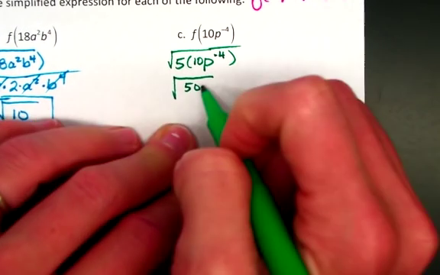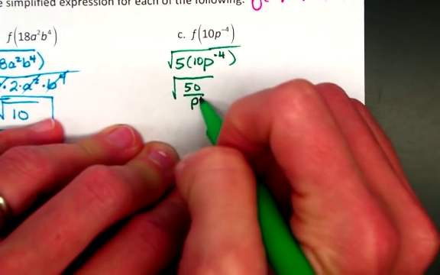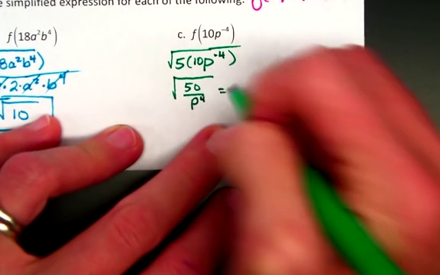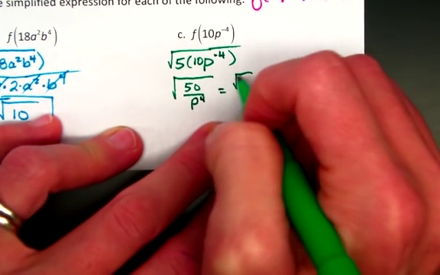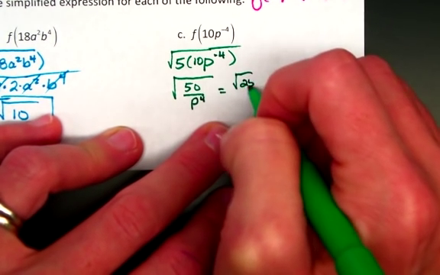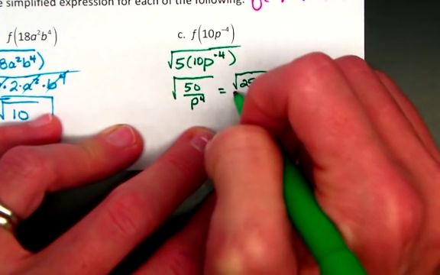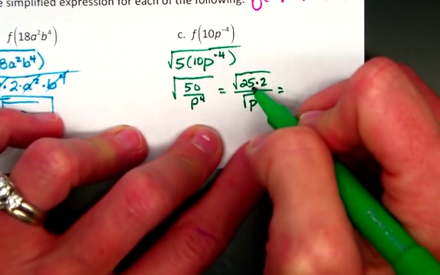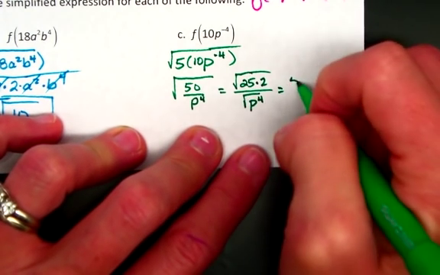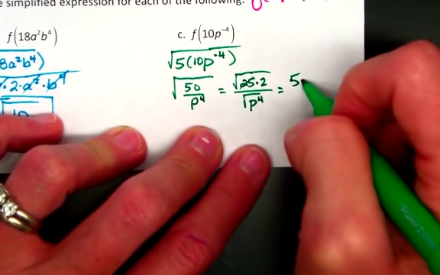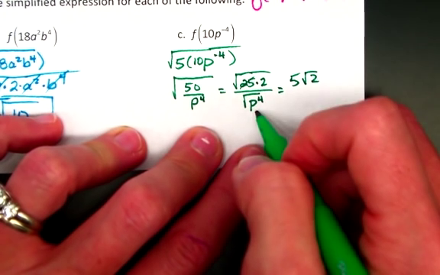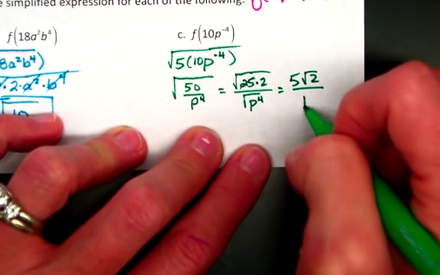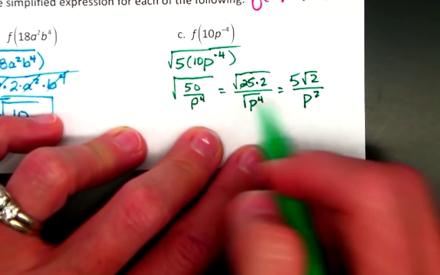P to the negative fourth is p to the positive fourth on the bottom. So this equals the square root of 25 times 2 over the square root of p to the fourth. On top, the square root of 25 is 5. I can't do anything with root 2. The square root of p to the fourth is p squared because 4 divided by 2 is 2.